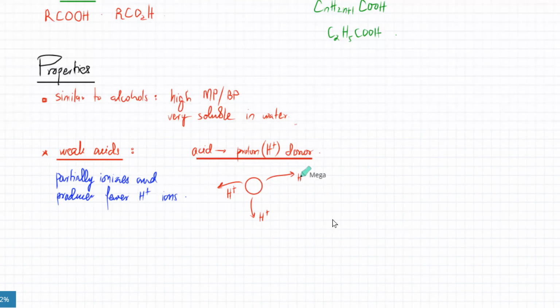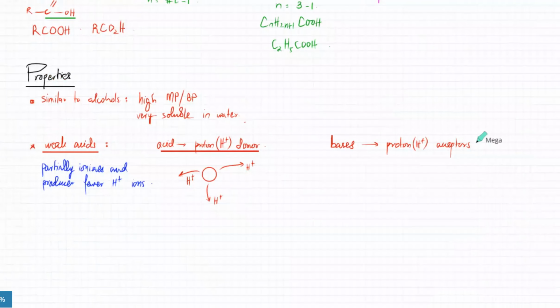So acids are proton donors. And your bases, vice versa, are proton acceptors.